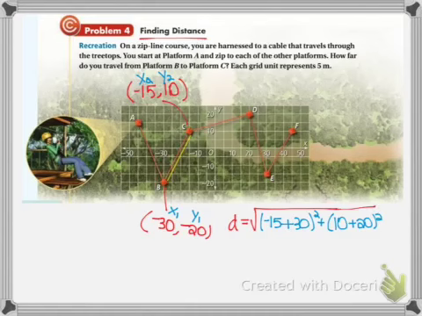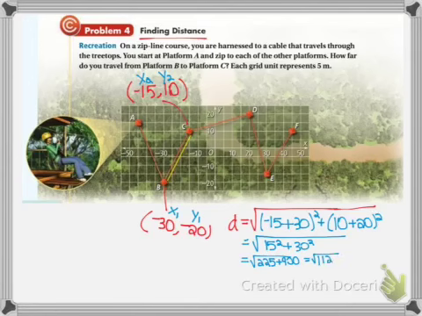So this becomes the square root of 15 plus 30 is 15 squared, plus 10 plus 20, which is 30 squared. So this becomes the square root of 225 plus 900, which is the square root of 1125, which is approximately 32.54. So the distance between platform B and platform C will be 32.54 meters.